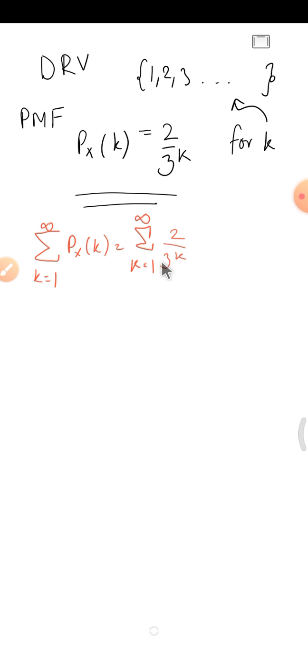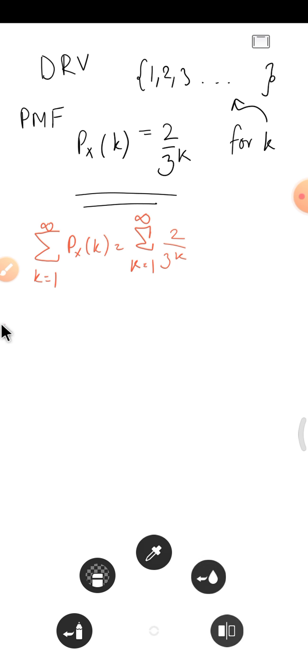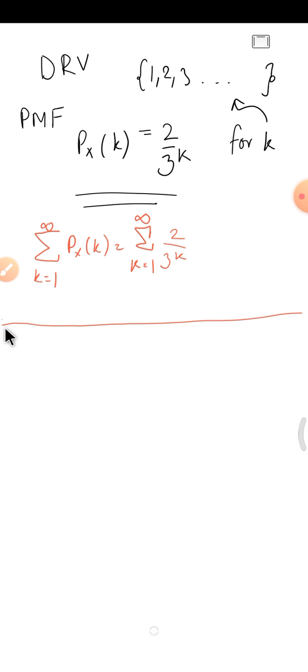Now I hope you all know about GP, geometric progression. In GP, let me give you a brief introduction. Suppose there's any term a and you multiply a number r consecutively for each term. The first term is a, the second term would be a into r, the third term would be a into r square, and so on for n terms.